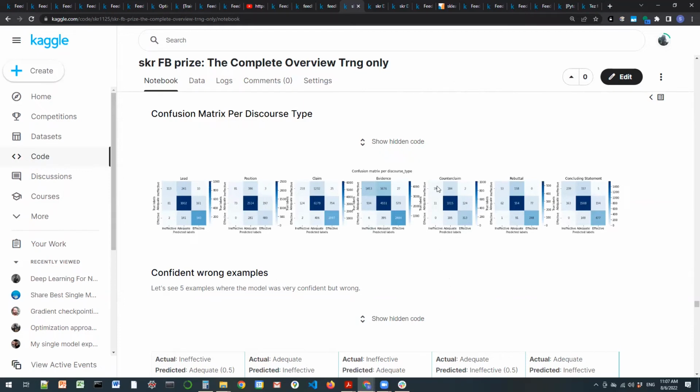Yeah, so it's interesting how it will look in terms of loss. For example, if we have almost similar probabilities of being ineffective and adequate, the accuracy would be low because it predicts, for example, adequate for ineffective, but in terms of loss it would be okay because those would be close.